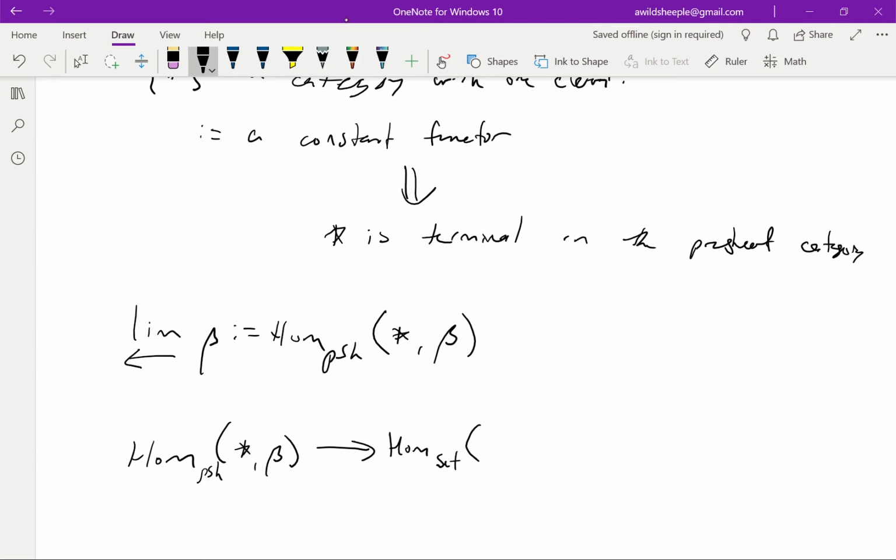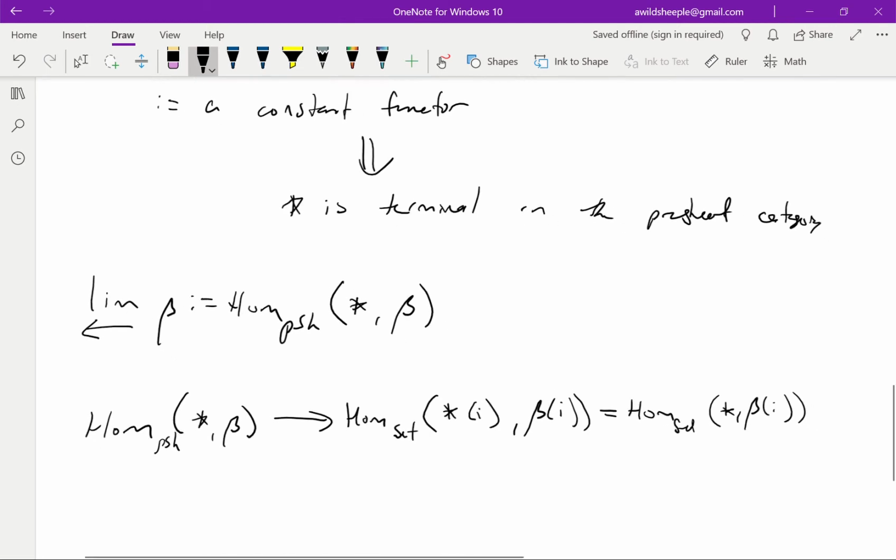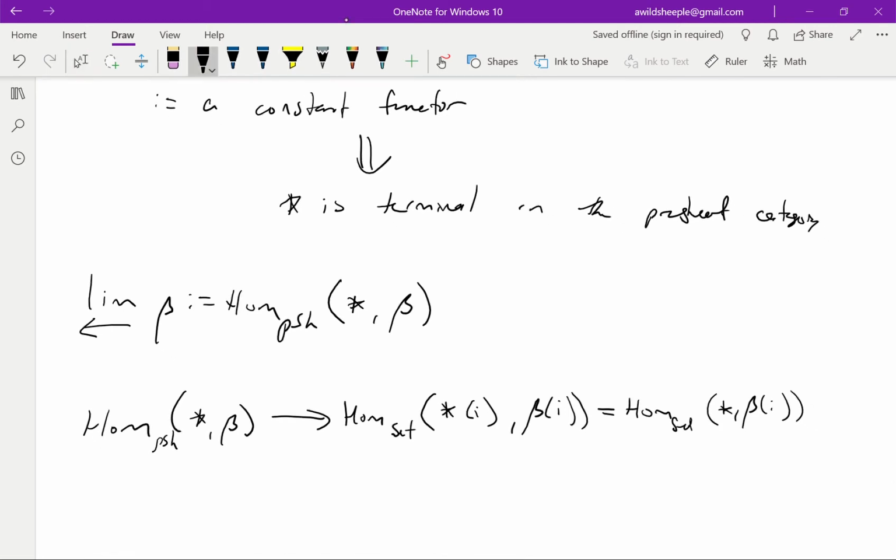In hom set by evaluating this on some i that belongs to the indexing category I. And when I do this, this is just the same thing as evaluating this. I just get my singleton again, and this is beta i. And then the question is, well, what is this? Well, the maps out of a singleton into beta i, those are just canonically the beta i's.